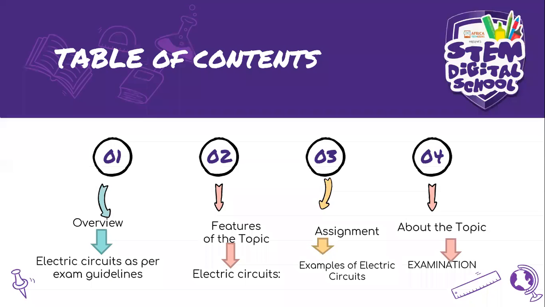Right, let us look at the lesson outline for today. Quickly, we will revert back to what you are required to know as per the examination guidelines for this particular topic, electric circuits. And then in features of the topic, basically we will be learning electric circuits, but we will be using questions from previous examination papers in order to concretize our knowledge on this section of the work.